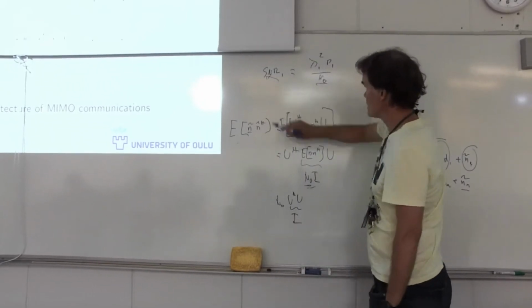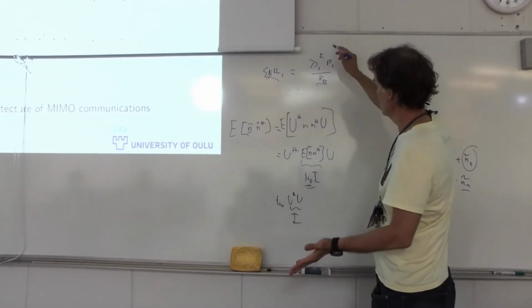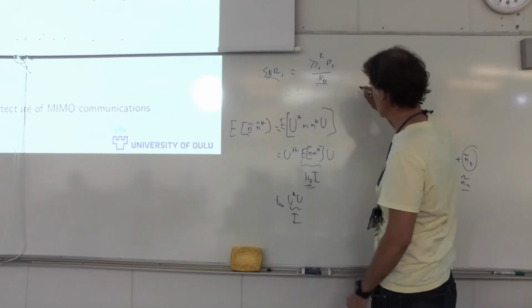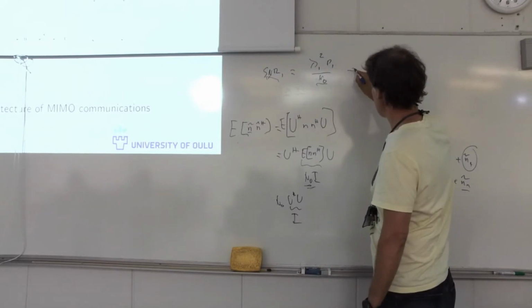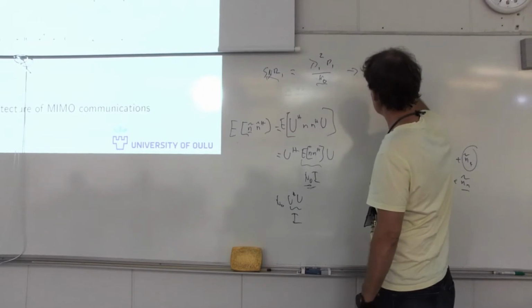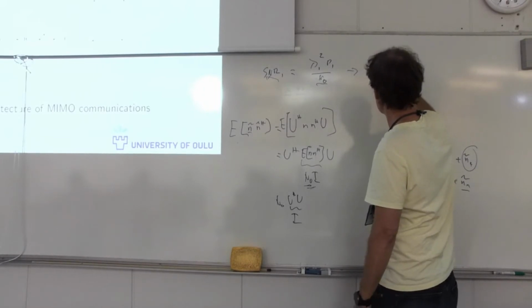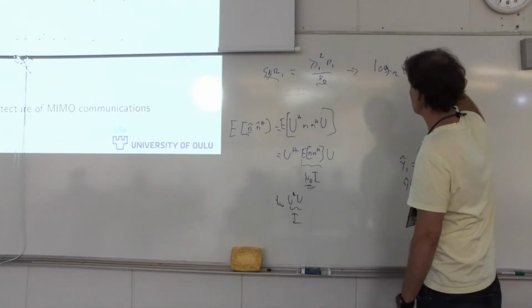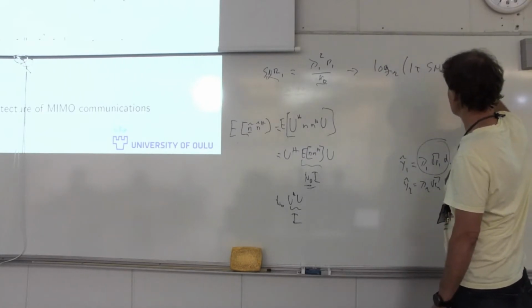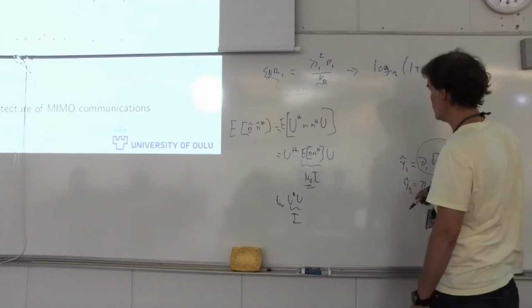So we have the SNR for the first stream, lambda 1 square times P1 over N0, and this maps to a rate R1 equals log 2 of 1 plus that SNR, and similarly for SNR 2.